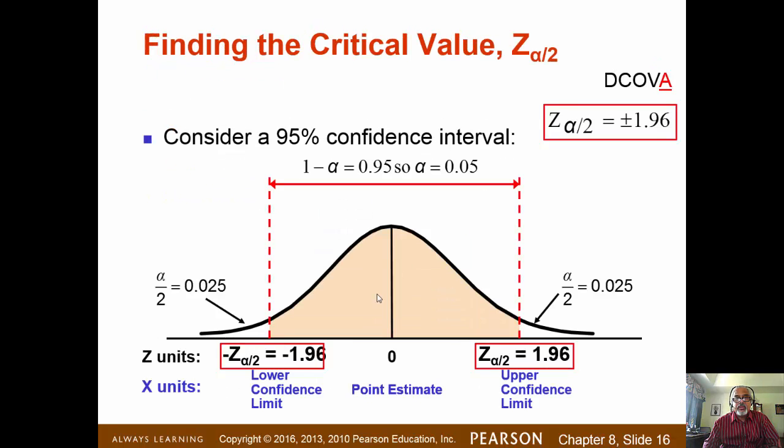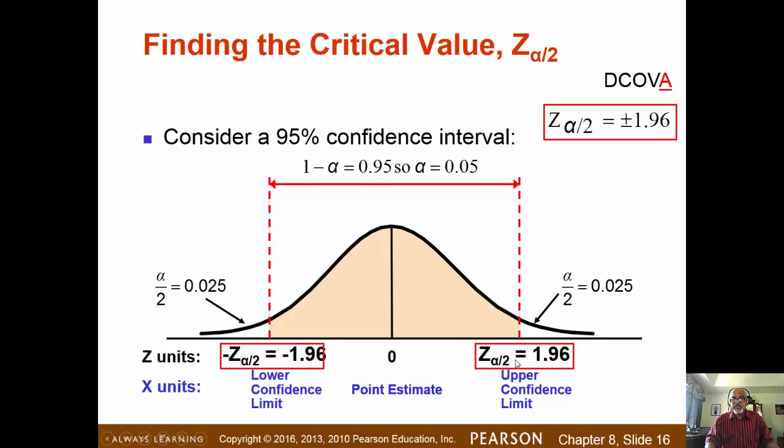So let's look at the example here. If you want a 95% confidence interval, the middle area is 1 minus alpha, which is 95%. So outside will be 5% or 0.05, which is divided equally between the left and the right side. So for this z, the area to the right is 0.025, so that is z sub alpha over 2, which means the cumulative area is 0.975, and for 0.975, if you go to the table and read the z value, you will find that it is 1.96.